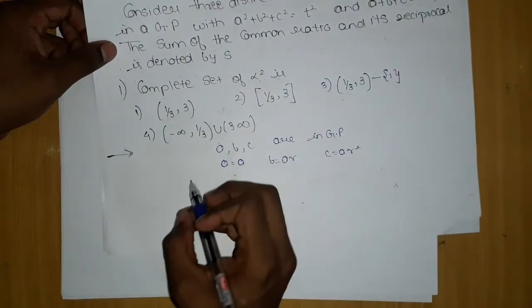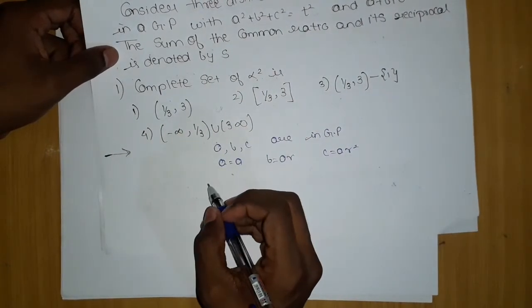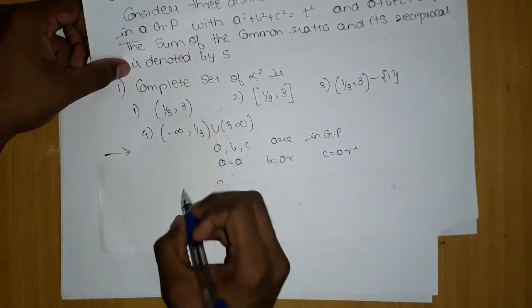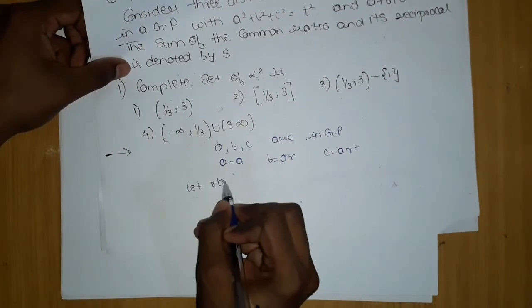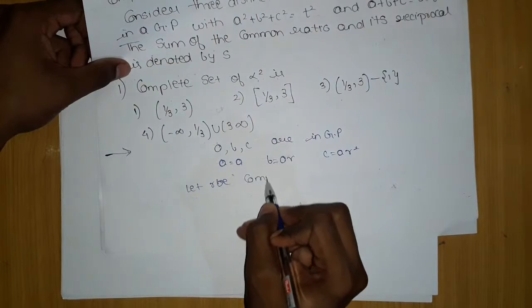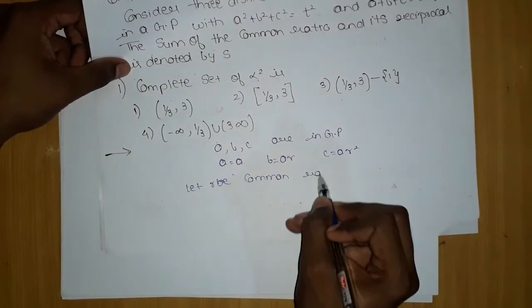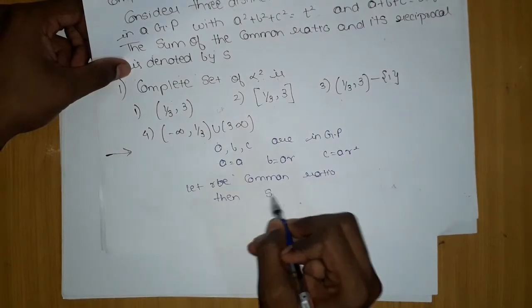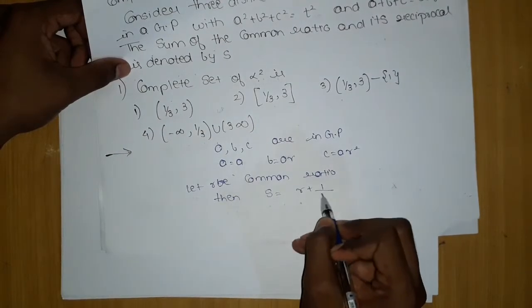Very general thing. Now they are telling that the sum of the common ratio and its reciprocal is denoted by s. If I let r be the common ratio, then s is nothing but r plus 1 upon r.